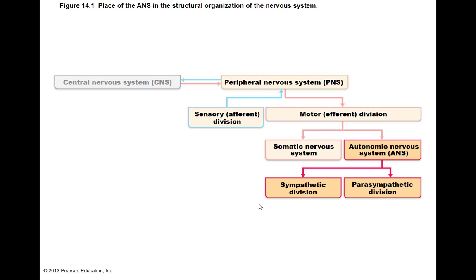What's controlled in the somatic? It's the part you do have control over. It's the skeletal muscles. I have control over my skeletal muscles unless it's a random reflex one. But those are the skeletal muscles I have control over. Autonomic, these are all the things you don't have control over. And yes, it gets further divided out as well.